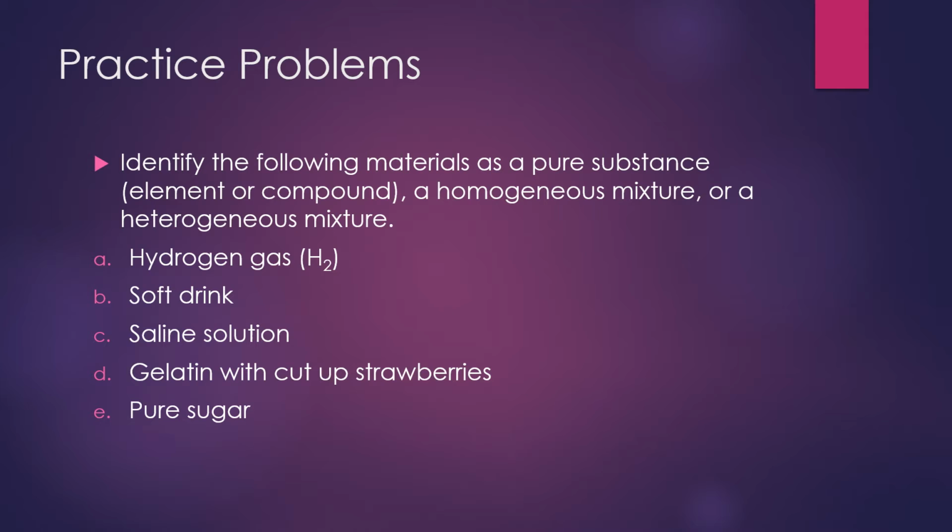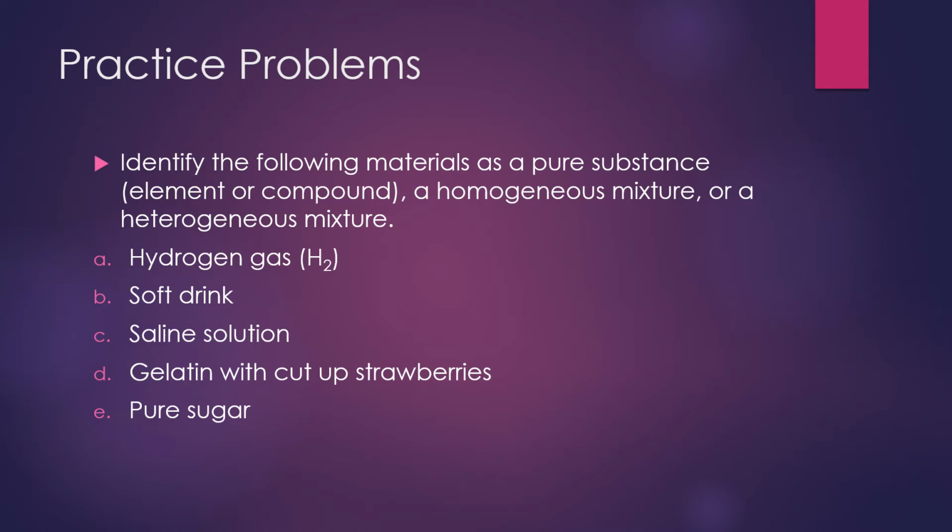So let's apply this. We're going to identify the following materials as a pure substance or as a mixture. So looking at the first example, hydrogen gas. So hydrogen gas is represented as H2. So let's go back. Looking at the previous slide, what would that be classified as?